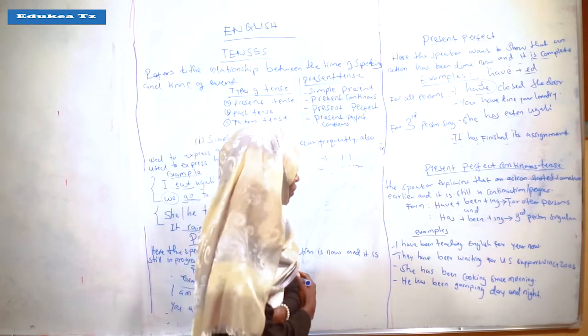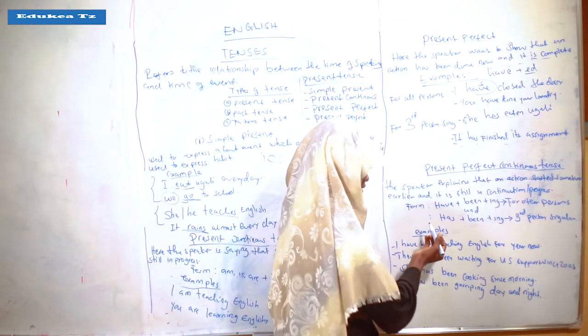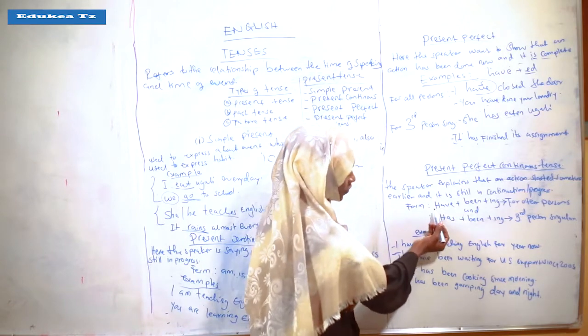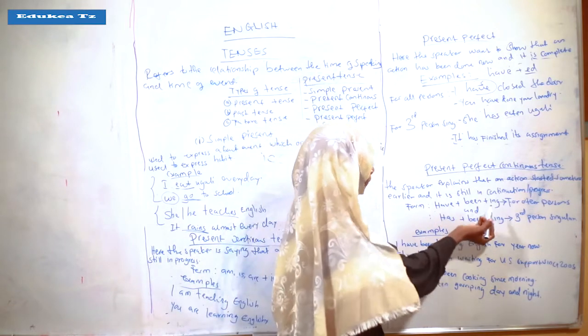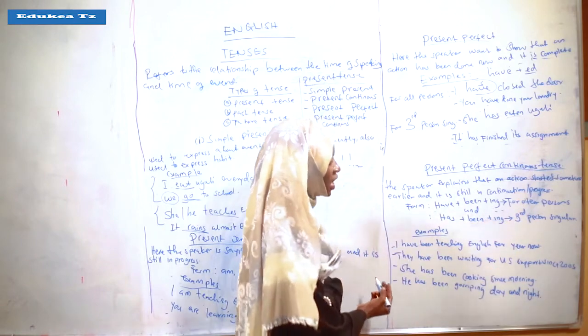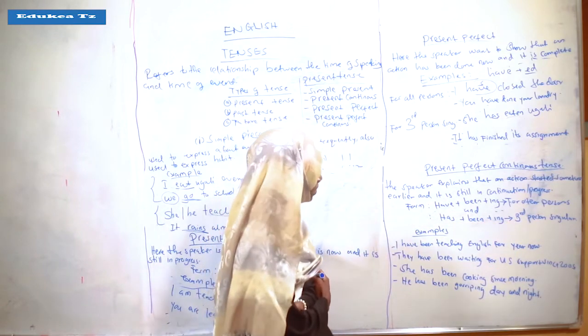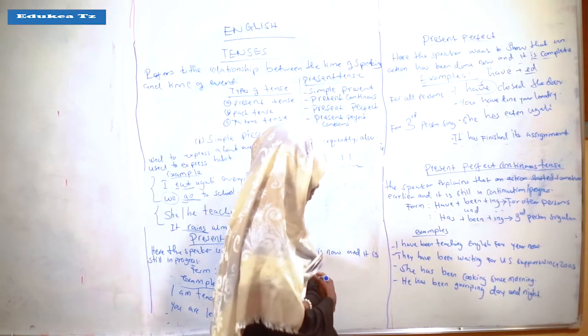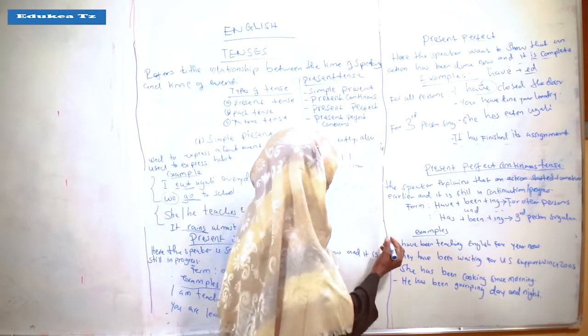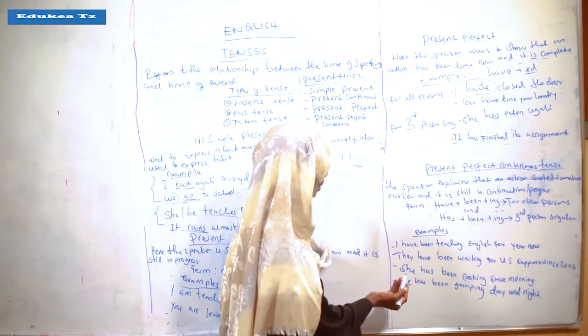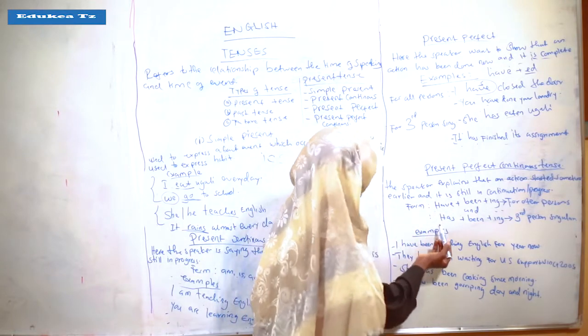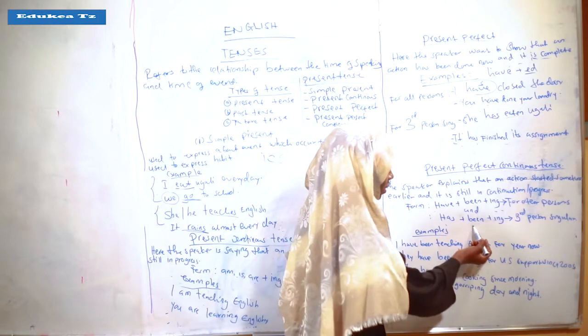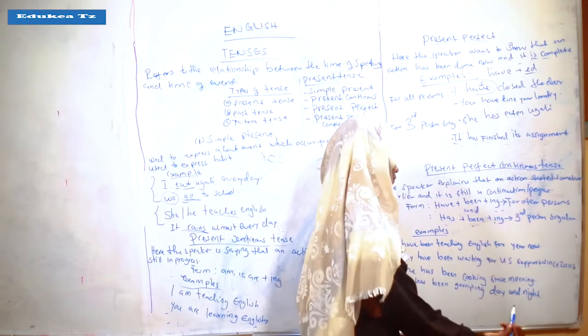Our form is the auxiliary verb have plus been plus ing for other persons. When I say other persons, I mean first and second persons. But for the third person singular, here the formula is has plus been plus ing.